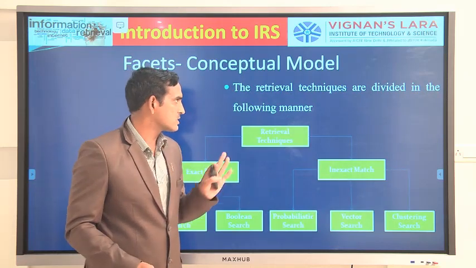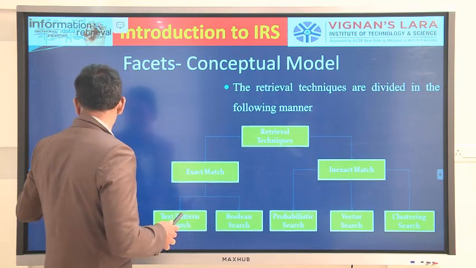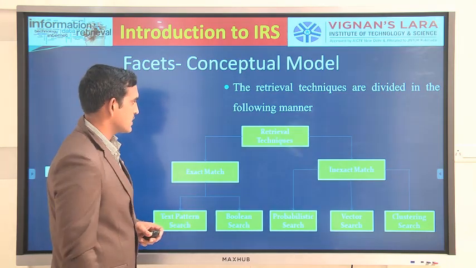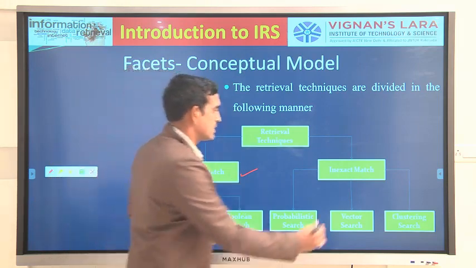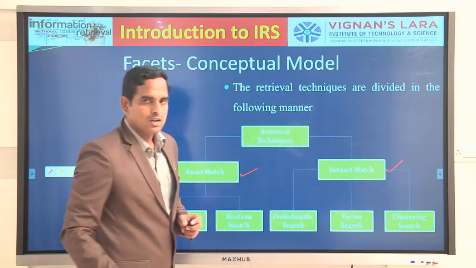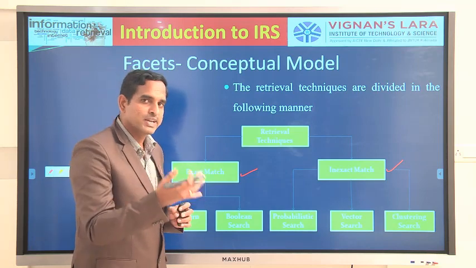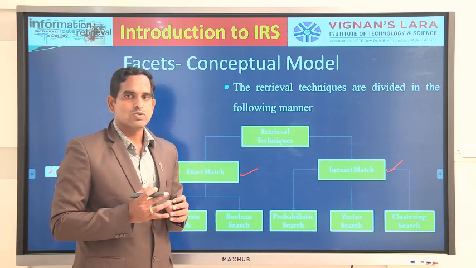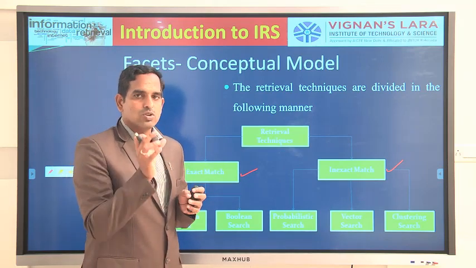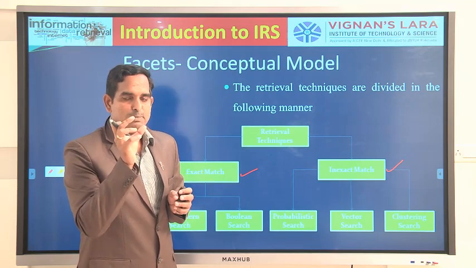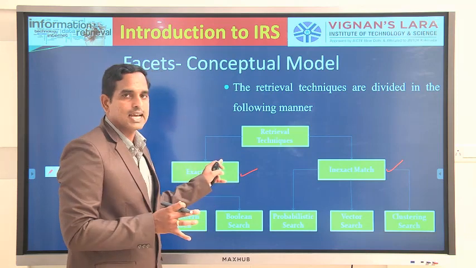So the retrieval techniques which are present in information retrieval systems are broadly classified in this manner. Okay. So as you could see, all the retrieval techniques are divided into 2 types. One is exact match, another one is inexact match. Your retrieval system could be either an exact match retrieval system or an inexact match retrieval system. So whenever you type something, for example, if you type one word and you are searching for that word, if that particular word is present as it is in the document, then we'll call it an exact match search.